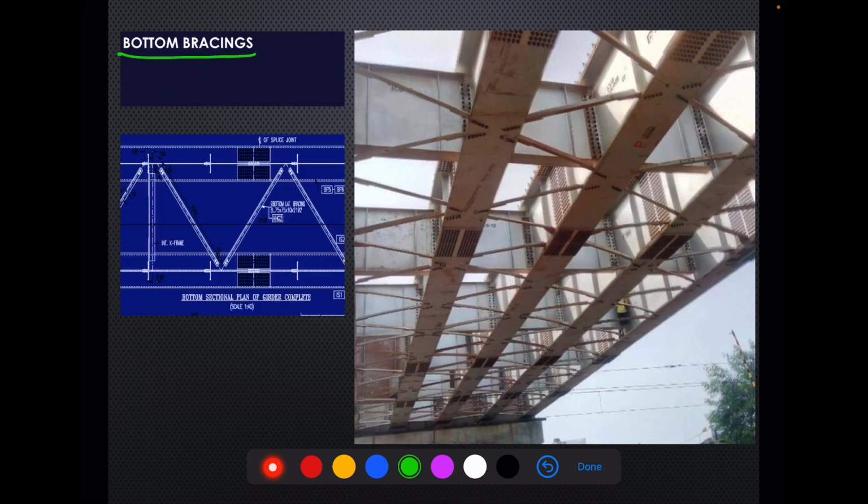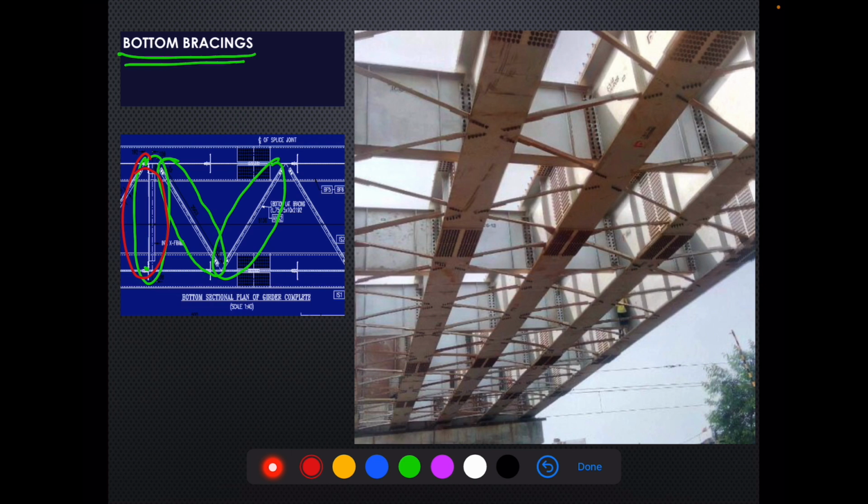Then we have bottom bracings. As we have seen, this is how bottom bracings are provided between two intermediate cross frames. This is a cross frame. This is a cross frame. And here again we could not find any suitable photograph showing a railway plate girder.